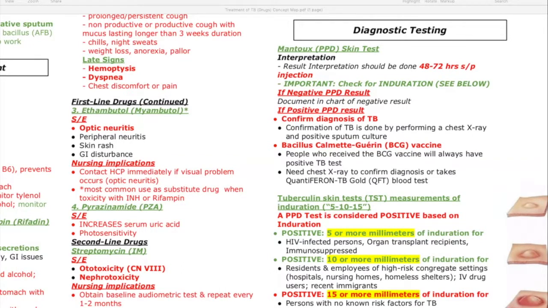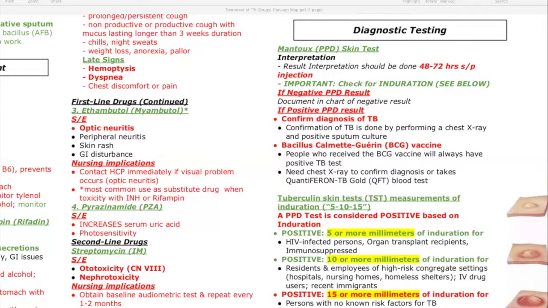The induration is not erythema or redness, so that's very important. We're not measuring the redness. We're actually going to measure the induration. If the induration meets the criteria, we're going to have a second step. If the PPD is positive, we're going to confirm the diagnosis of tuberculosis with a chest X-ray and a sputum culture.